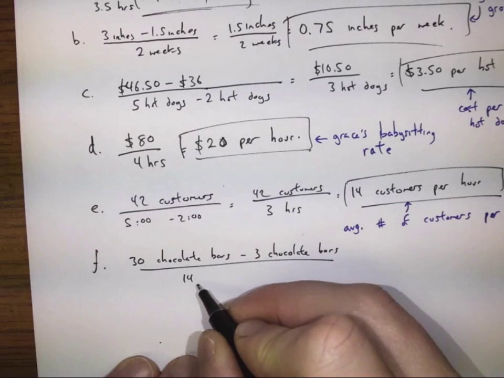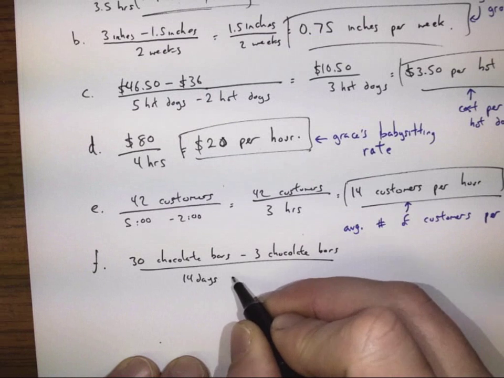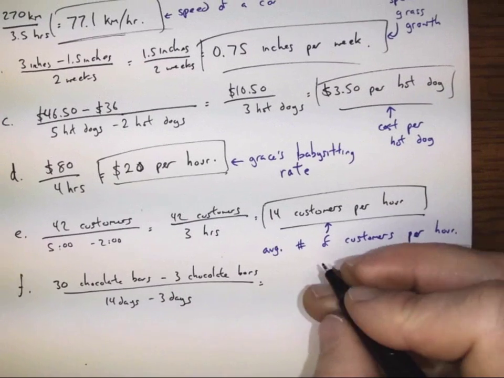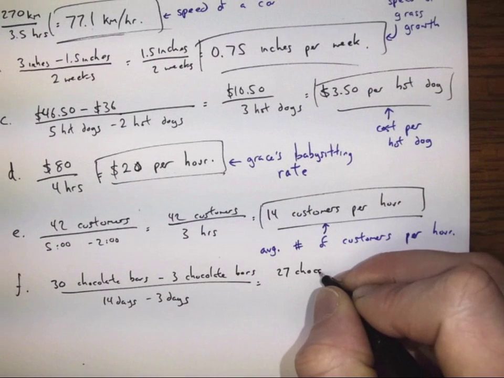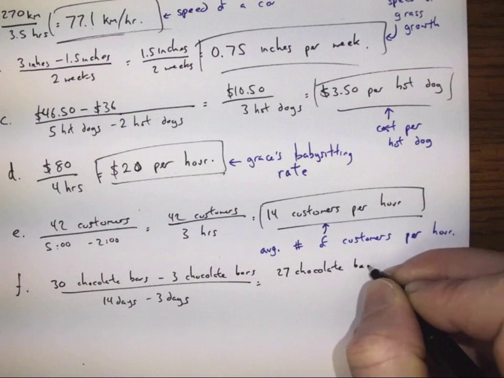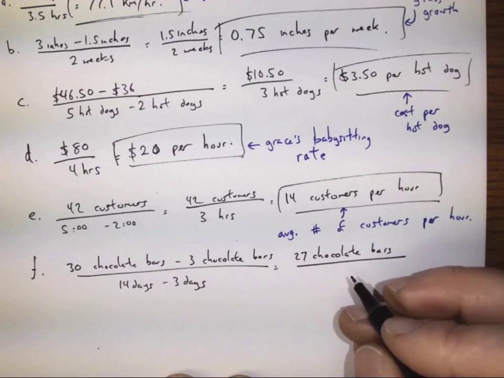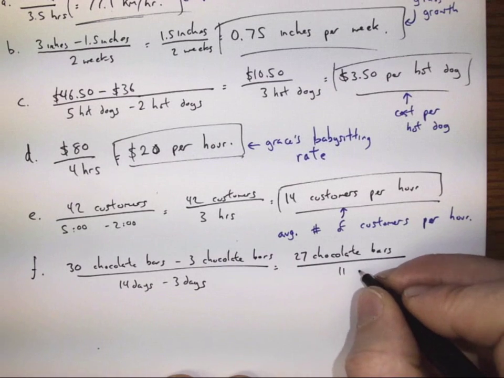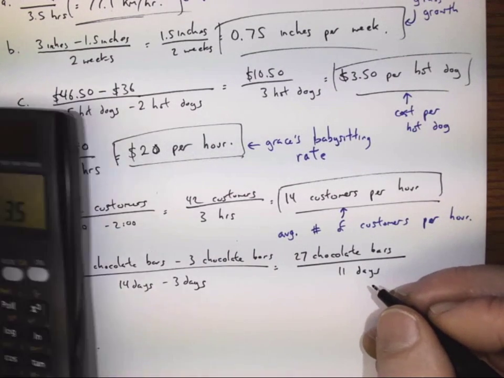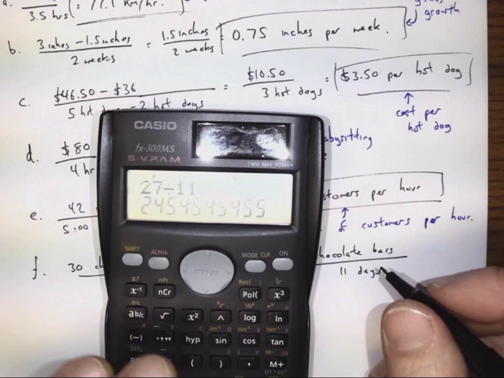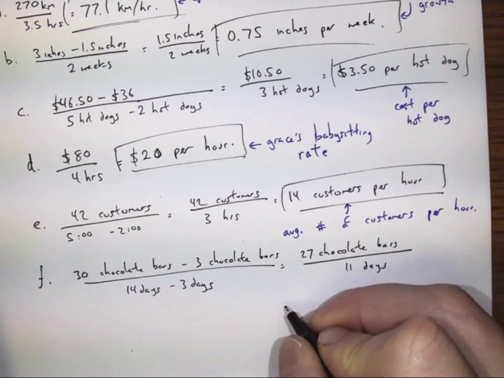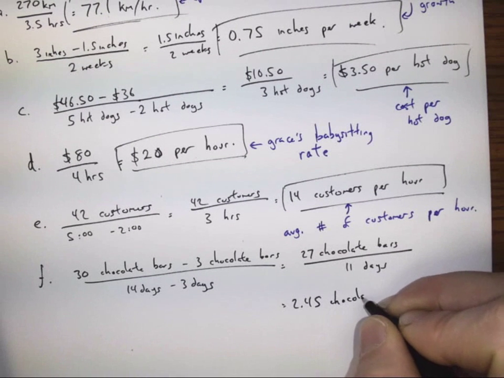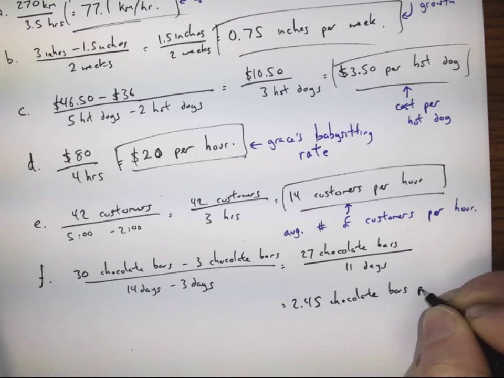So 14 days in November minus the 3 days that began. And we find that we get 27 chocolate bars over, what is that, 11 days. And we can find that 27 divided by 11 is 2.45. 2.45 chocolate bars per day.